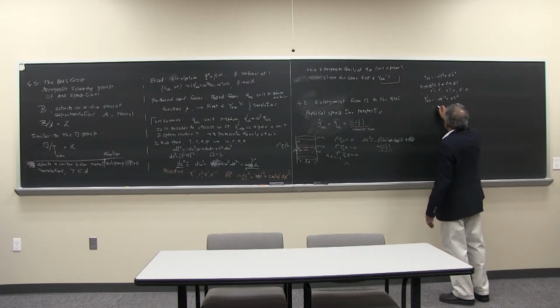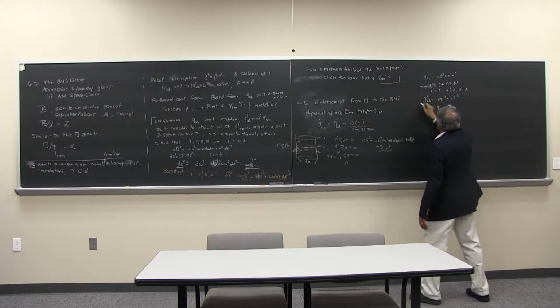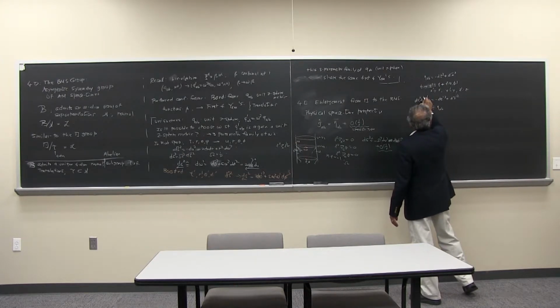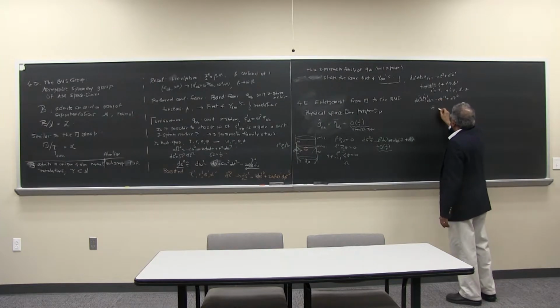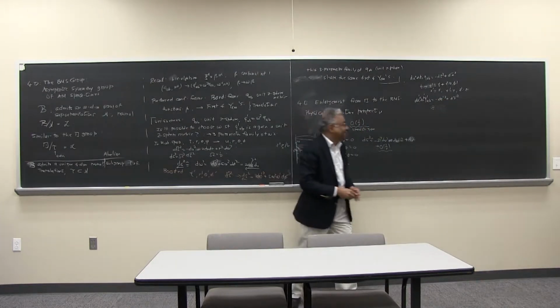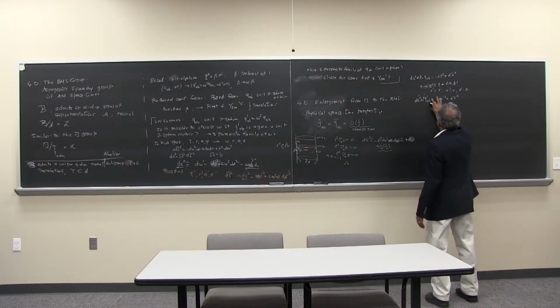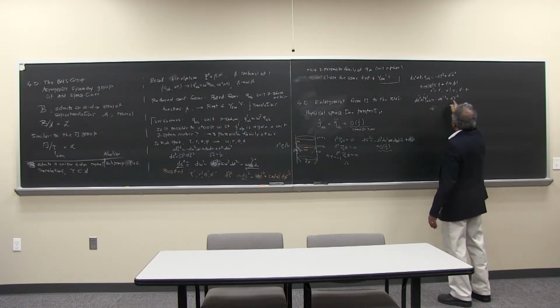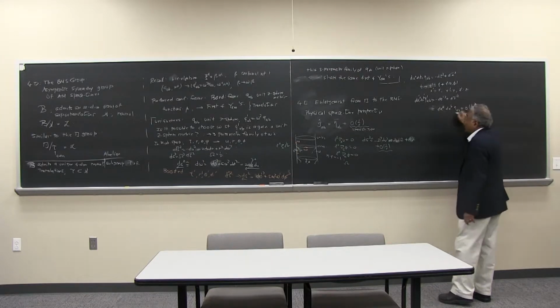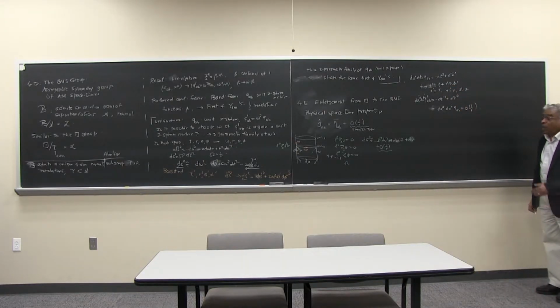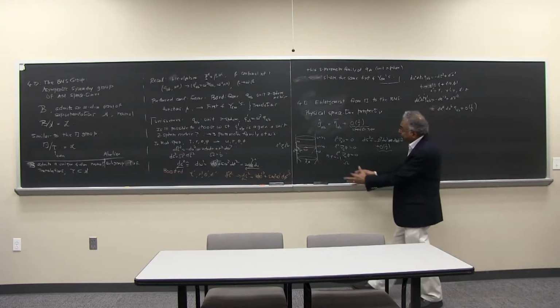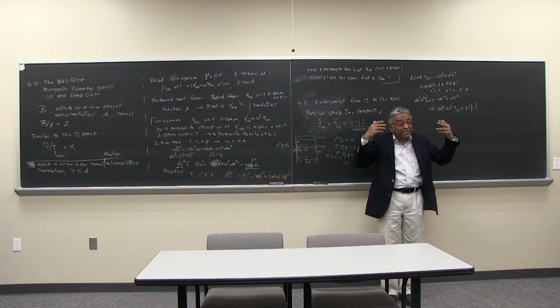You'll see that this is just equal to eta AB dx^a dx^b plus specific terms of the order 1 upon r, just by substituting it here.